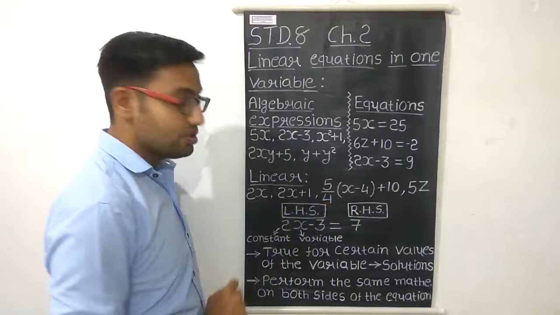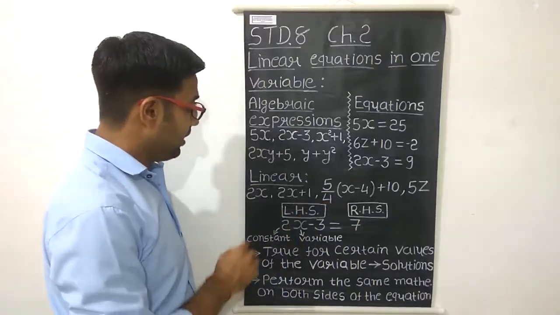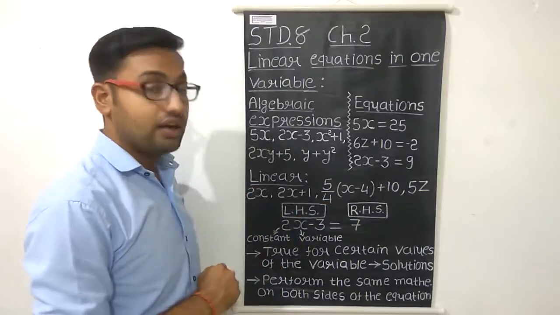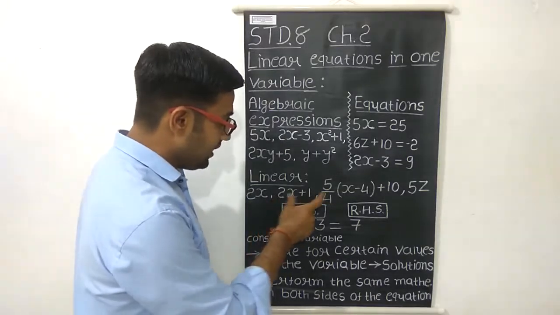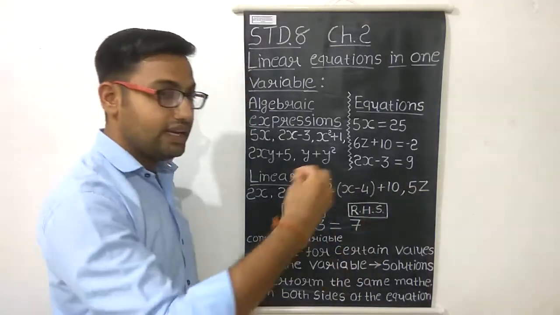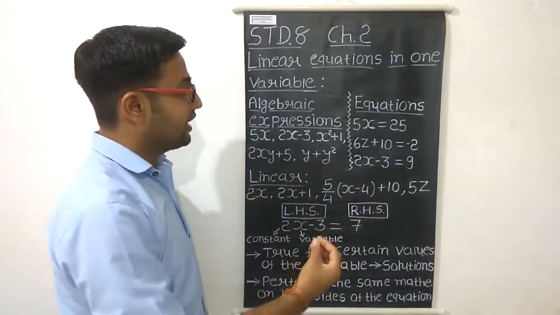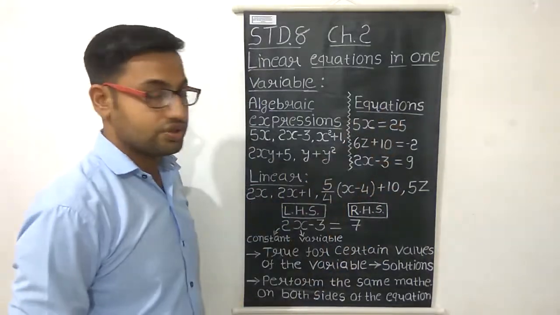All these expressions have only one variable and they all are linear, right? So by comparing any of these expressions with any constant value, we can get linear equations, right?